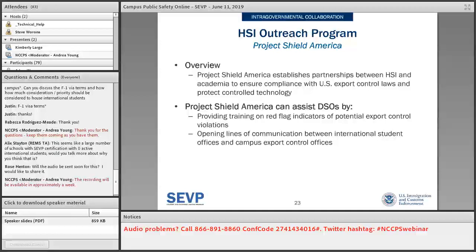A good example would be maybe going out to a flight school that's positioned near a military base. Students are training to be pilots. We want to make sure that they're not flying over the military bases and taking any pictures of things that they shouldn't be.